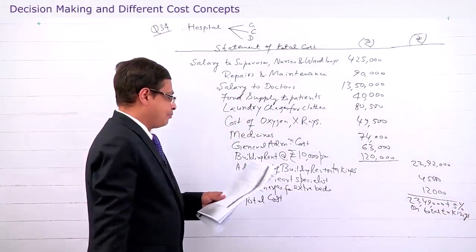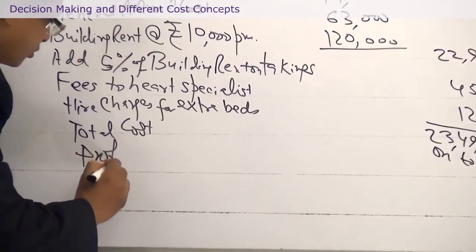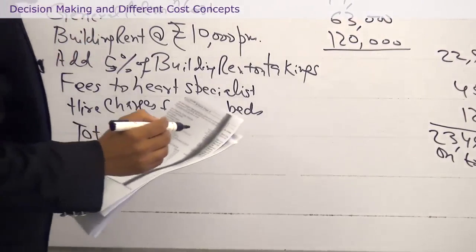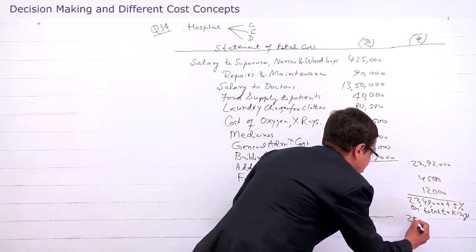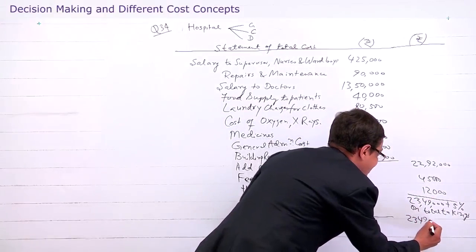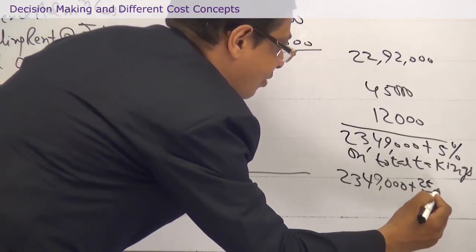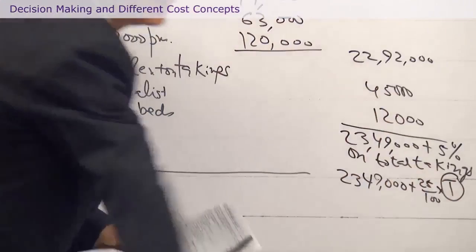You have to keep 20% profit also. So profit at the rate of 20%, if you add, this becomes 23,49,000 plus 25% of takings. I denote it with the symbol T.